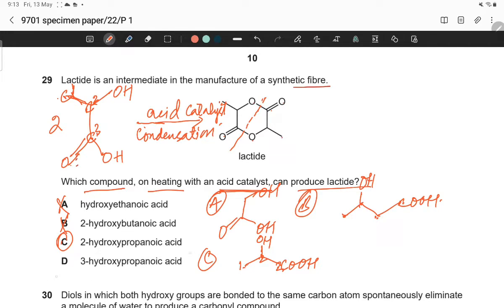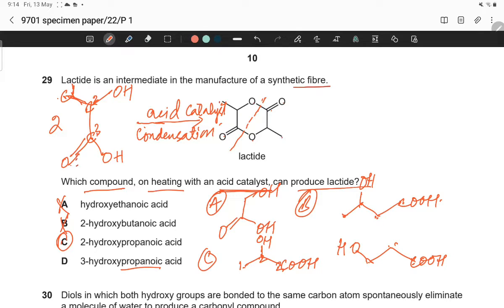And 3-hydroxypropanoic acid, let's check this formula as well. 1 2 3, COOH, this is OH. No, look at this, carboxylic acid.